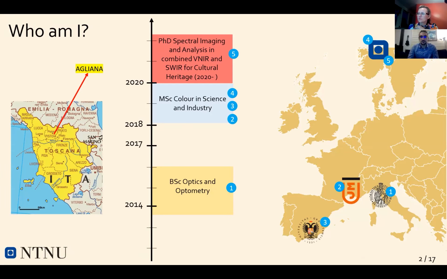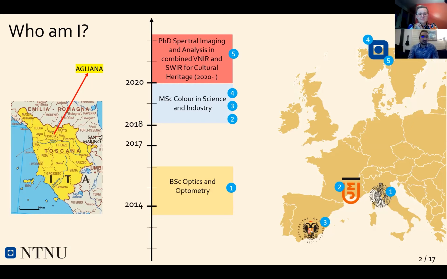And then I moved to study color science with the Erasmus Mundus master, which is called COSI, Color in Science and Industry, for which I traveled around Europe, at least 3 countries: Saint-Étienne in France, Granada in Spain, and then I ended up in Gjøvik in September 2019.